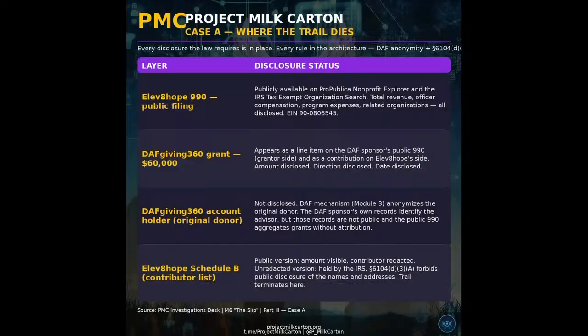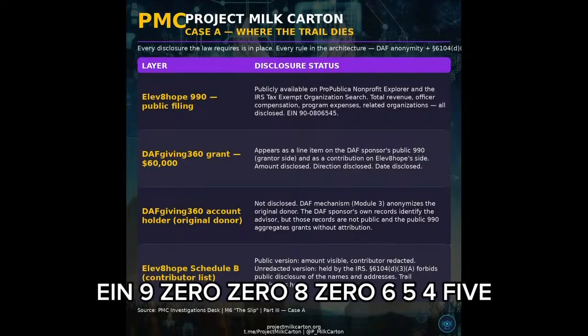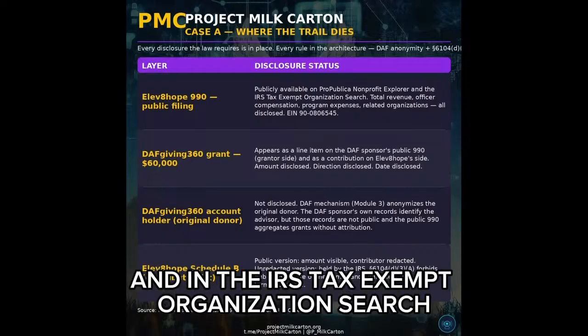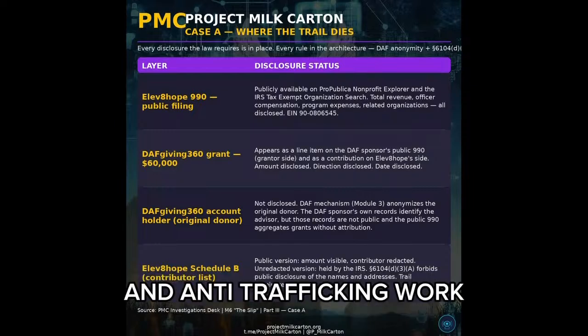Elevate Hope, Inc., a 501c3 public charity registered in Florida, EIN 900806545. Its publicly filed Form 990 is on ProPublica Nonprofit Explorer and in the IRS tax-exempt organization search. Its stated mission involves community support and anti-trafficking work.